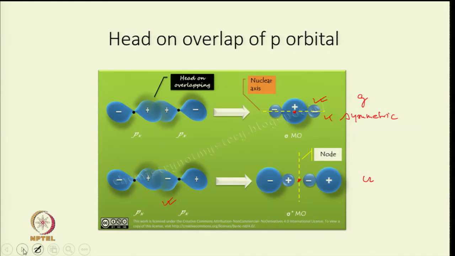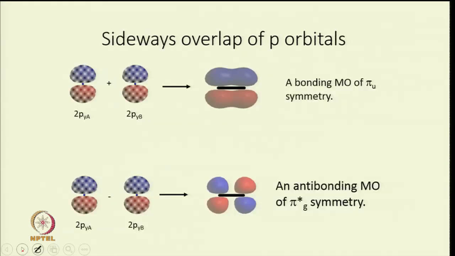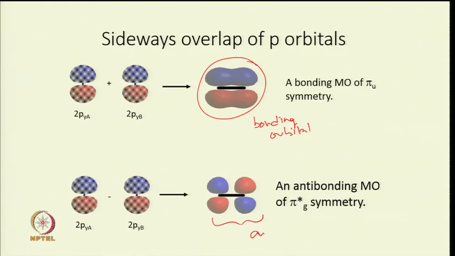Now, look at sideways overlap of p orbitals. If there is sideways overlap, then this is your bonding molecular orbital, and this is your anti-bonding orbital.